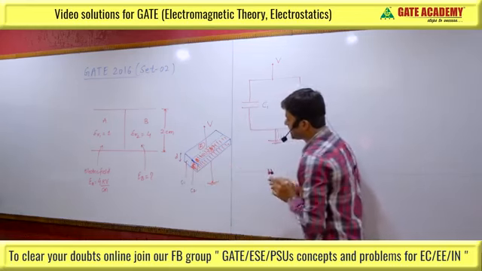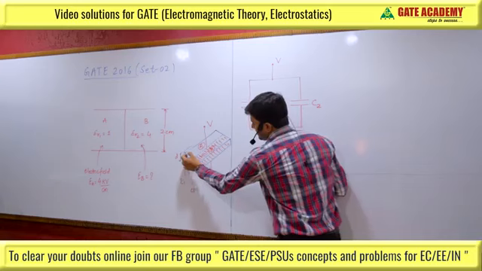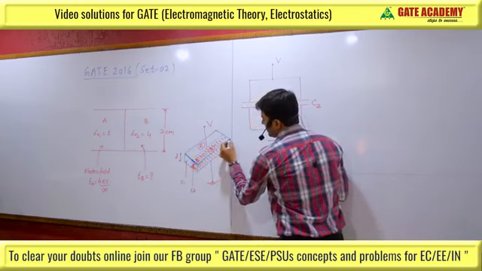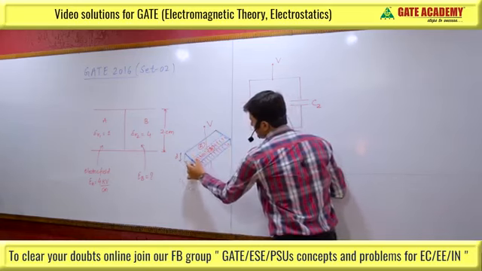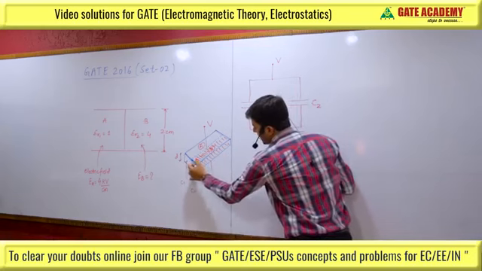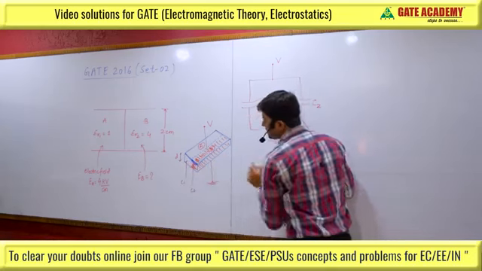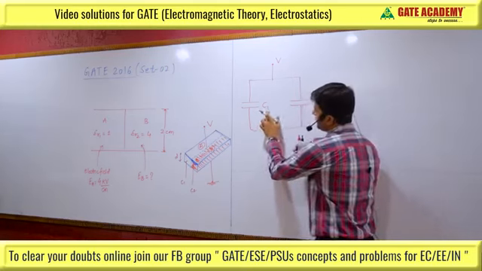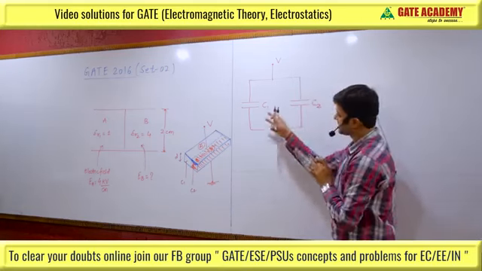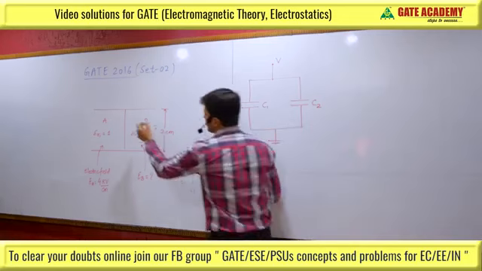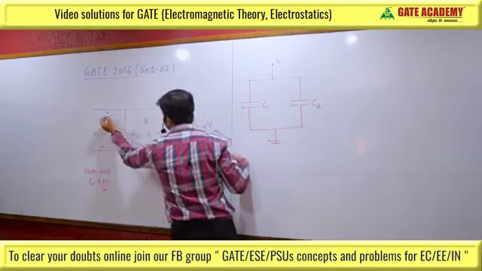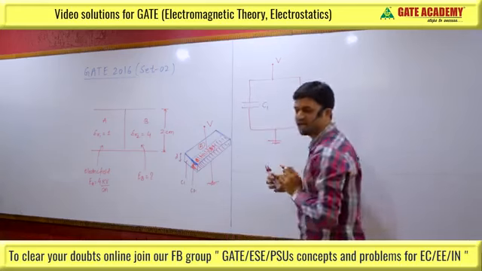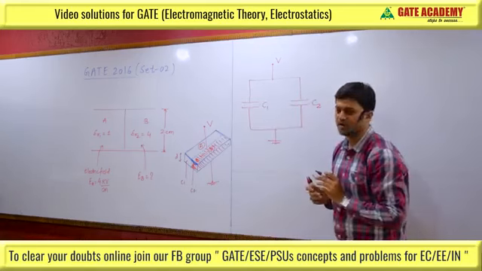The total plate area is this area, and half of it comes into effect to generate the capacitance C2, and the other half to generate capacitance C1. So the area is divided into two equal halves.